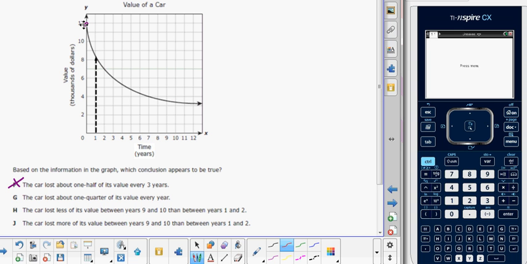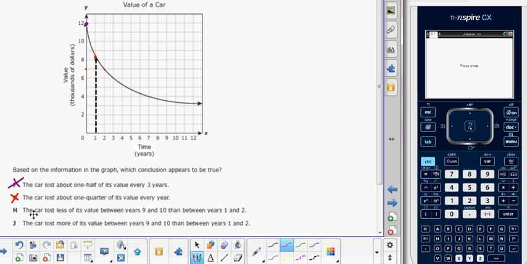So the car will lose almost 3,000 in value. 12 minus 3 should be 9. No, that's not 9,000. That's almost 8. Okay, let's take this as 9,000. The quarter of 9,000 is not going to give you 7,000. So we know this statement is false. It's false from the first year because this is not 9,000.